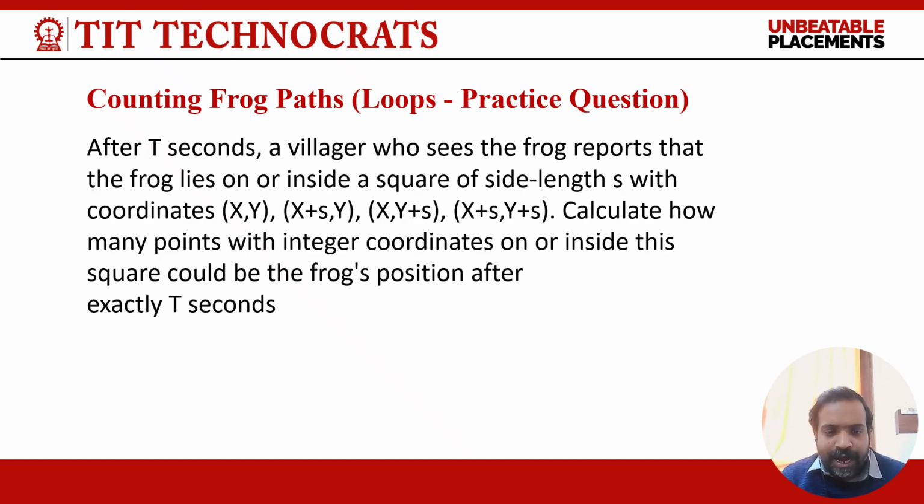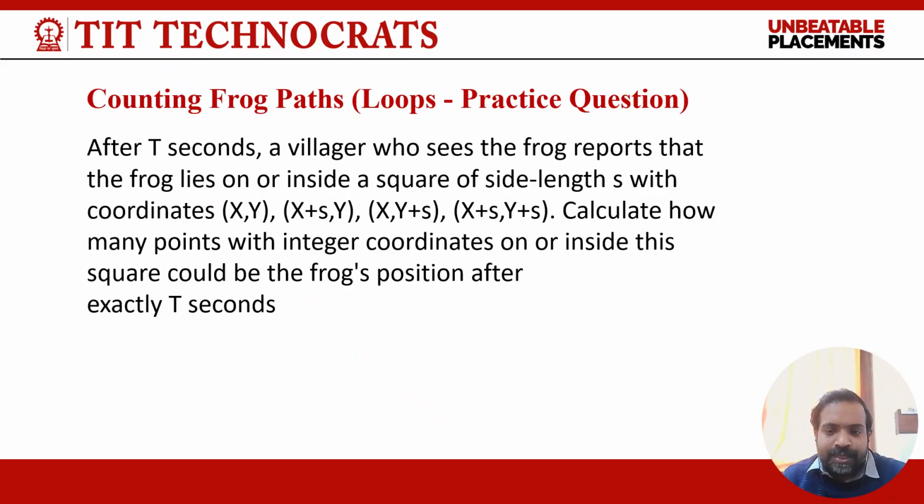Now calculate how many positions with integer coordinates inside this square could be the frog's position after t seconds. So we need to calculate how many total points there can be in the square where the frog can lie after exactly t seconds.